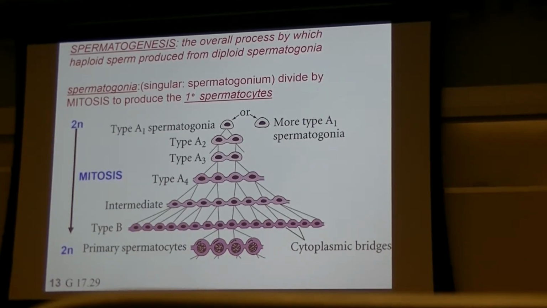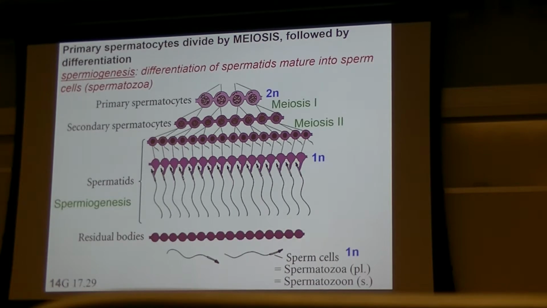Continuing on, these primary spermatocytes are then going to head into meiosis, and I'm sure you guys are all experts at meiosis, and we have meiosis 1 and meiosis 2. So we give some names to those guys also. After we go through meiosis 1, now we call them the secondary spermatocytes. So we've separated the homologous chromosomes here.